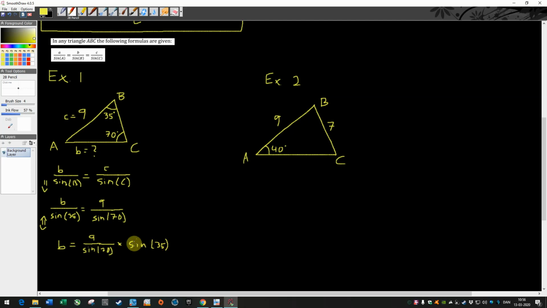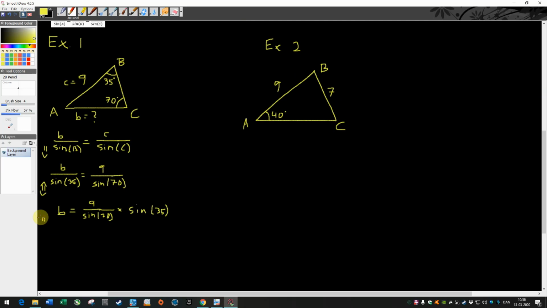You could of course write the sine of 35 up here in the numerator. It doesn't matter. Now you use your calculator to calculate that number, and it will give us an approximate value of the length of b.